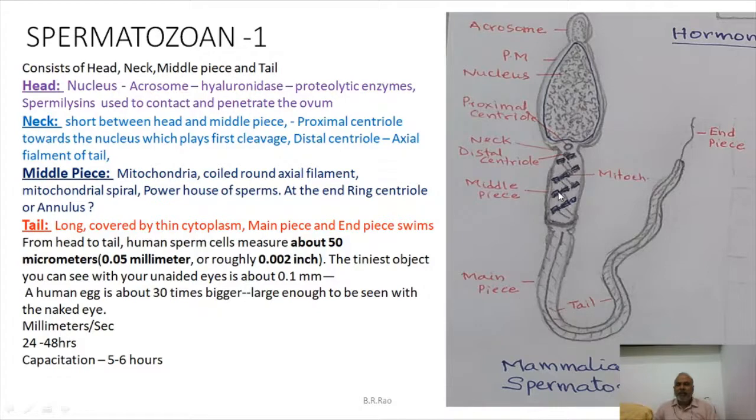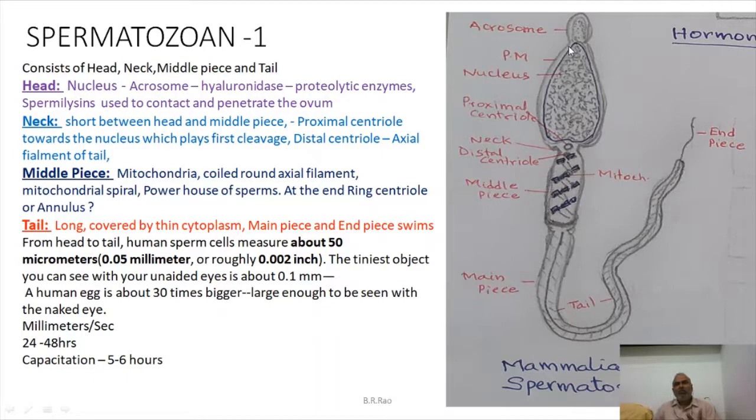This is called the middle piece, and this is called the head. The head consists of very little cytoplasm, almost all occupied by the nucleus. But on the top of the head you will see a cap-like structure. It is known as the acrosome, a very important structure.